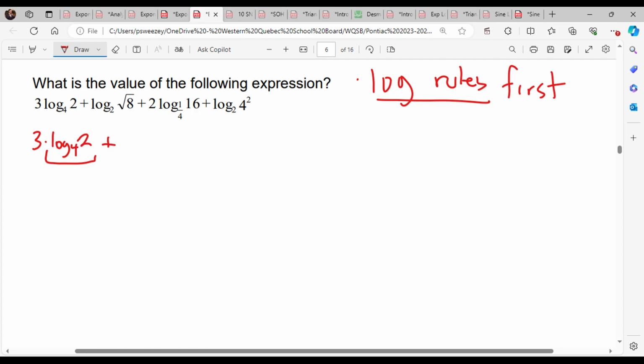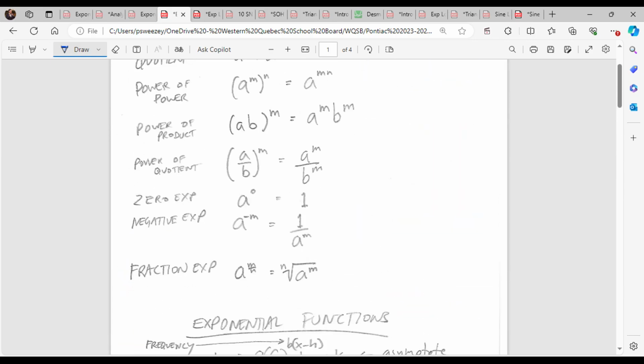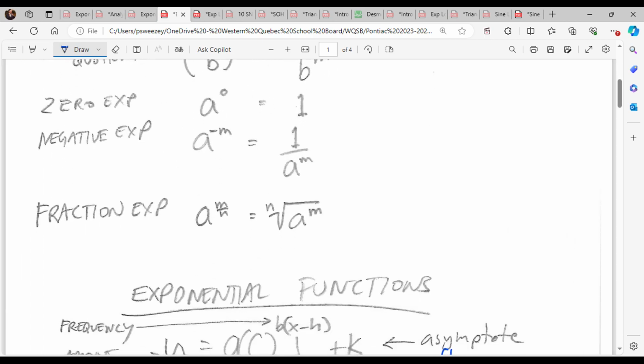And then this is the weird one, where a square root of something is just another exponent law that we're going to have to know, right? If you go back to this sheet here, it's one of these with fraction exponent. And it goes both ways, right?